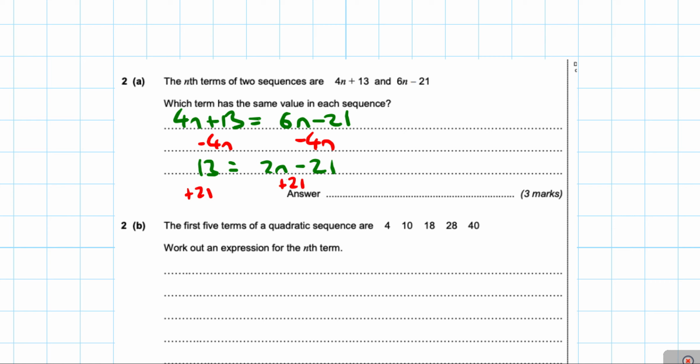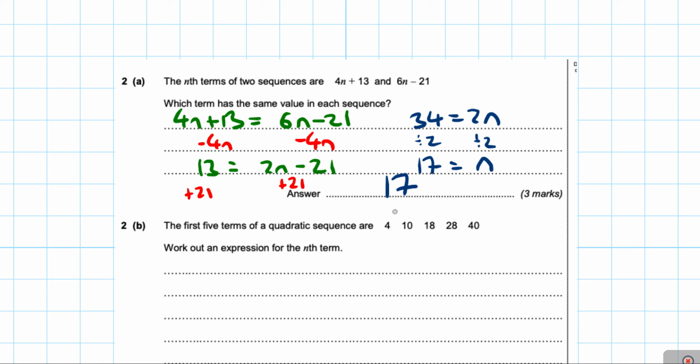So 13 plus 21 is equal to 34. So 34 is equal to 2n. Then we divide both sides by 2. So 34 divided by 2 is equal to 17, and that's equal to n. So your answer here is equal to 17.